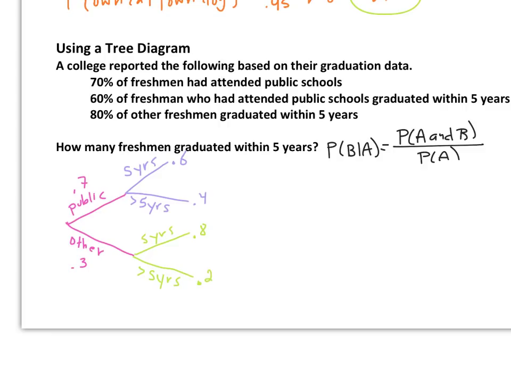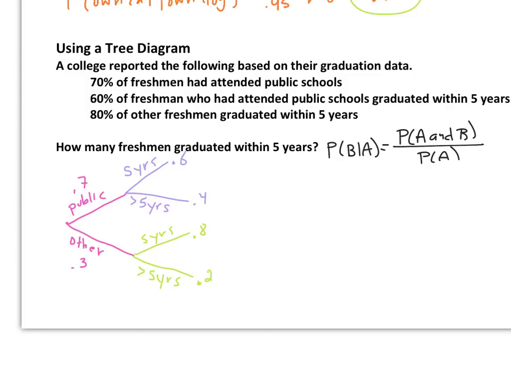Okay, we want to know how many freshmen graduated within 5 years. So we need to find this probability that they went to public school and graduated within 5 years. We need to find this probability they went to other and graduated within 5 years.